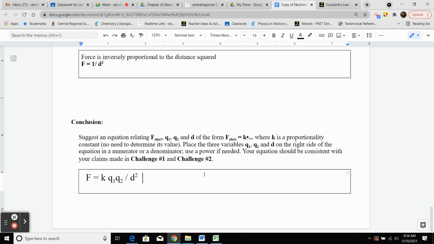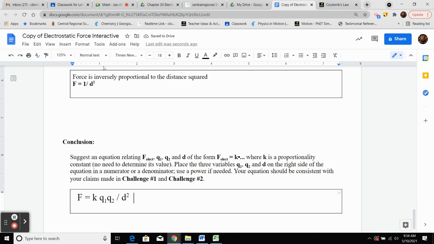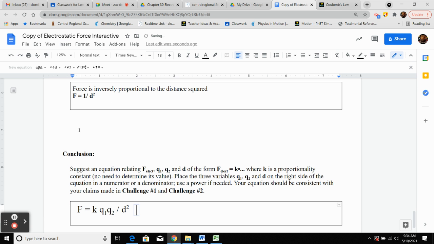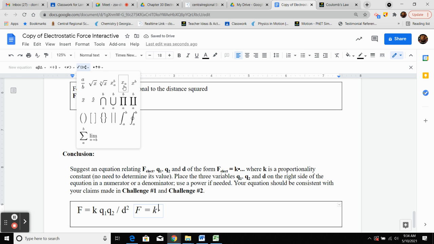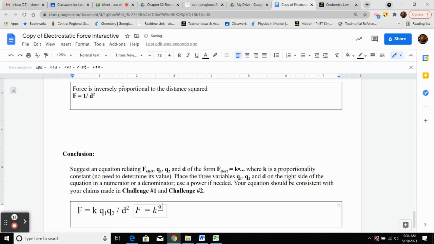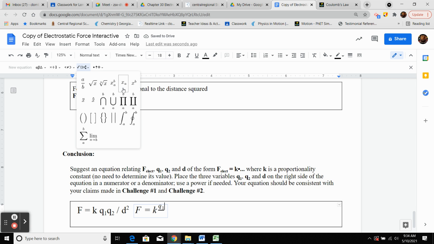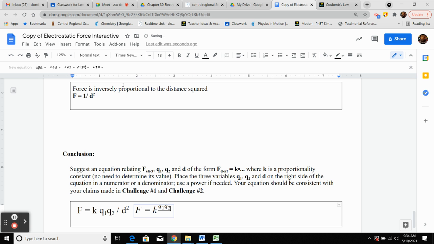Now, this doesn't look as nice as I want it to, so I'm just going to actually insert an equation. You guys don't need to do it like this, but I am going to. How do you do the K thing?